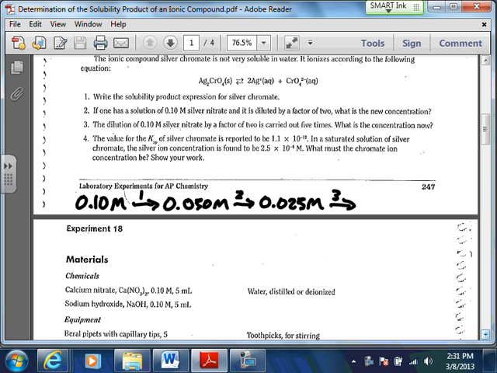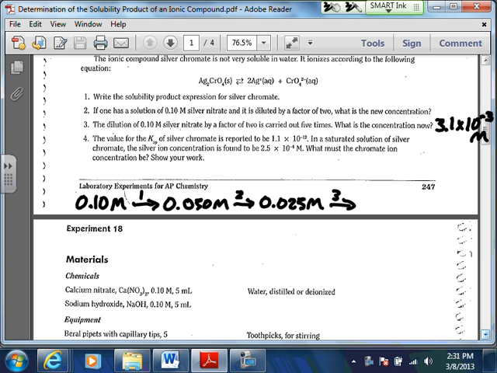That should give you a new concentration of 3.125 times 10 to the negative 3rd, so 3.1 molar would be our concentration. That's the same answer you should get if you do it the first way I showed you.